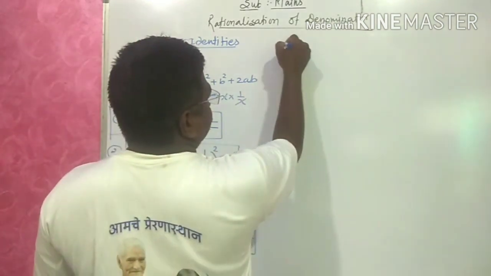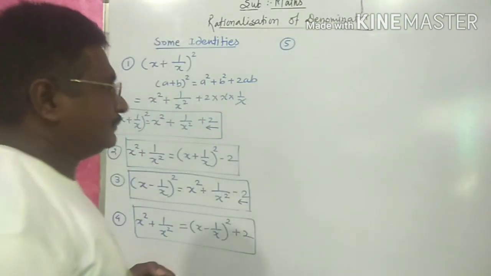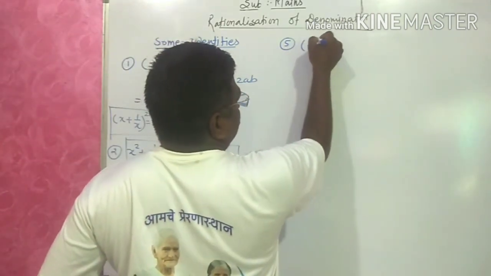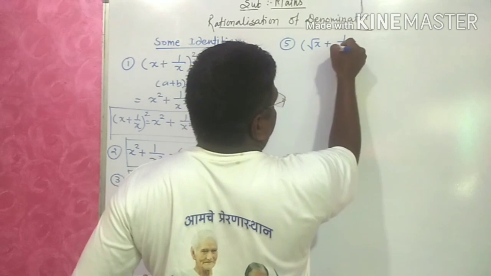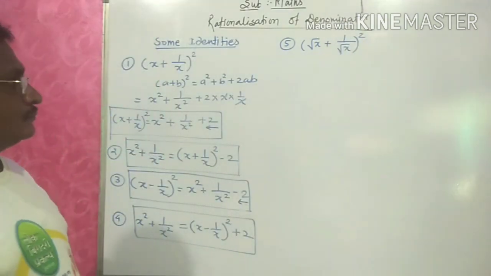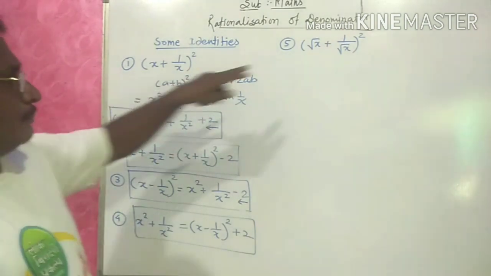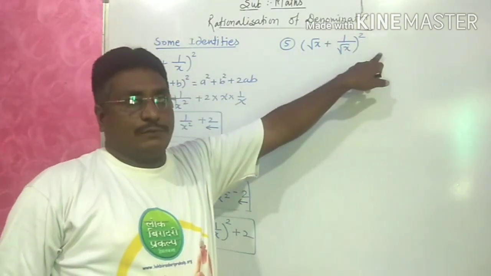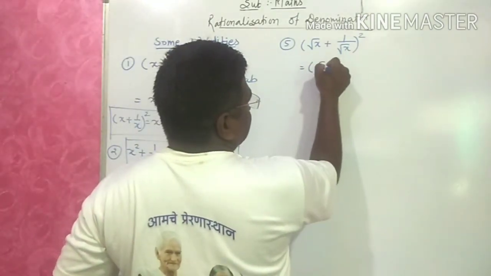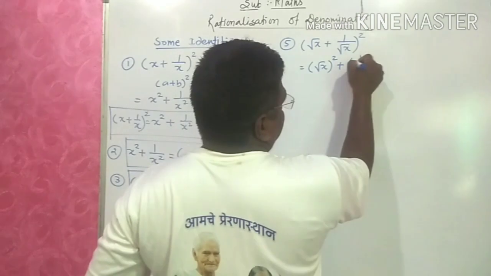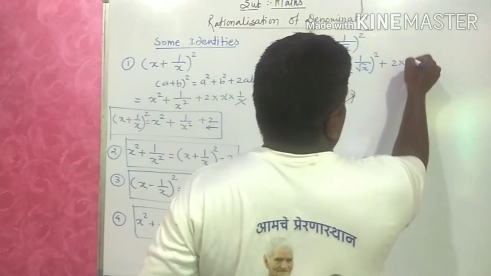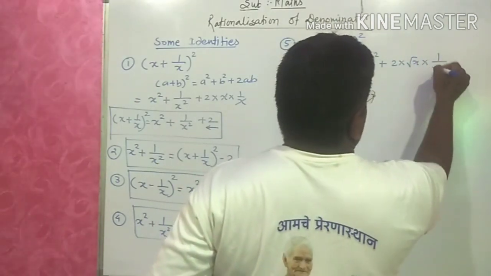Now, fifth identity. In the fifth identity, root x plus 1 by root x whole square. What is the identity? Root x whole square plus 1 by root x whole square plus 2 into root x into 1 by root x.